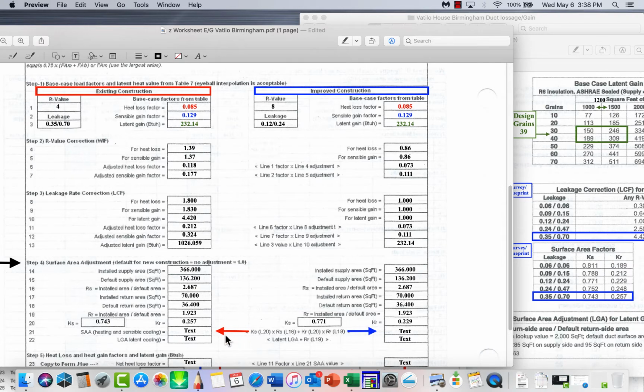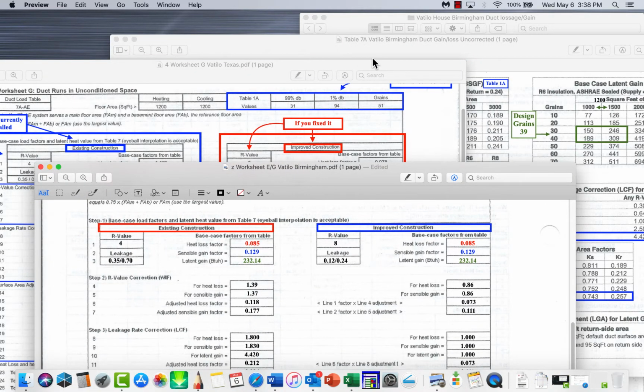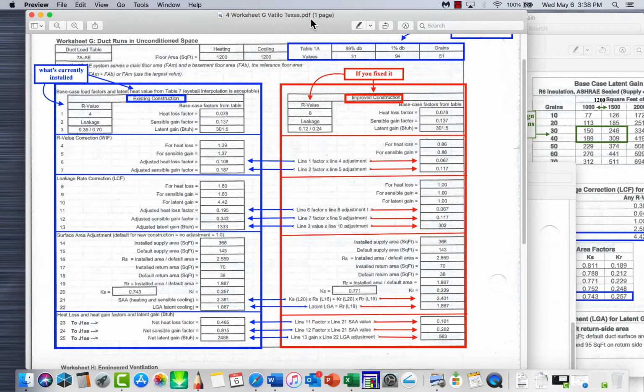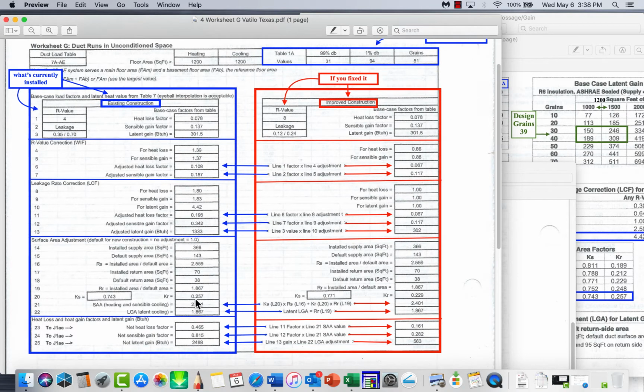Okay. All right. Now we're on to surface area adjustment, heating and cooling sensible. All right. So we take a look back here and see where they came up with this magical number right here. Well, you have this part in between here, and it basically tells you exactly what you need to do, and it's kind of like a little formula.